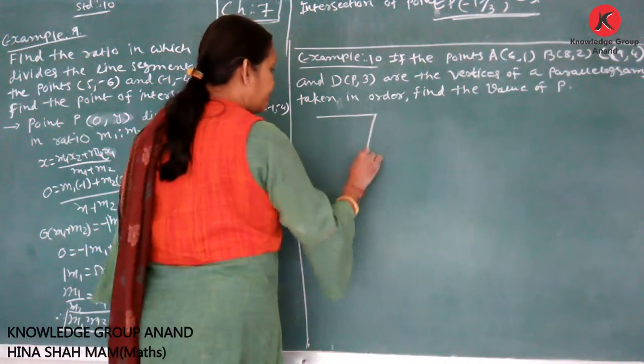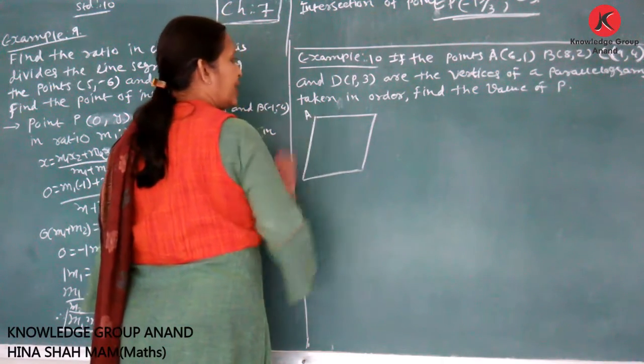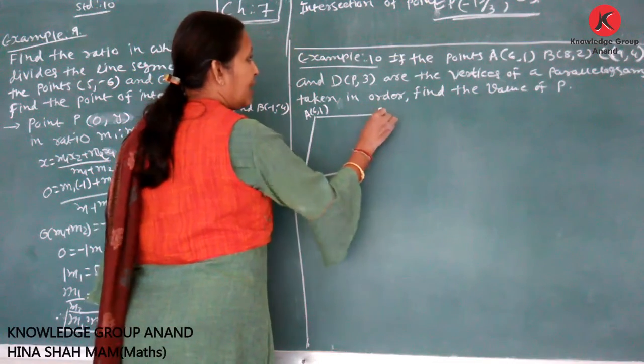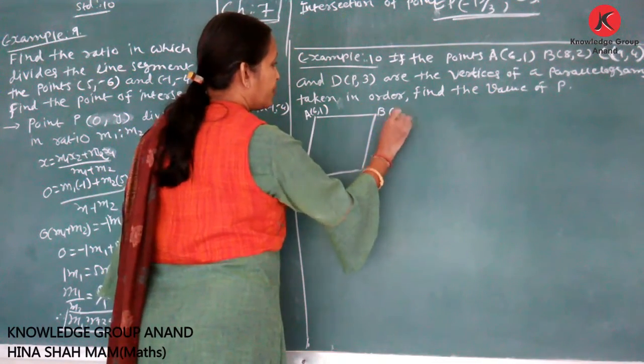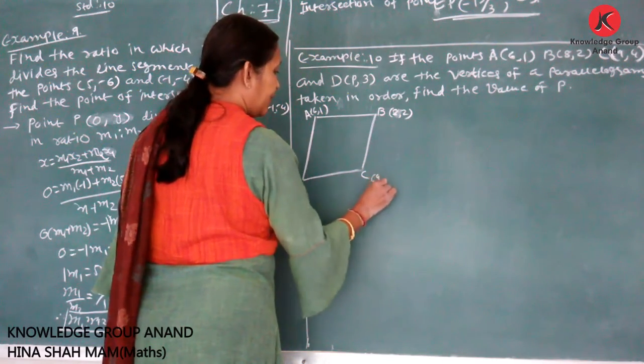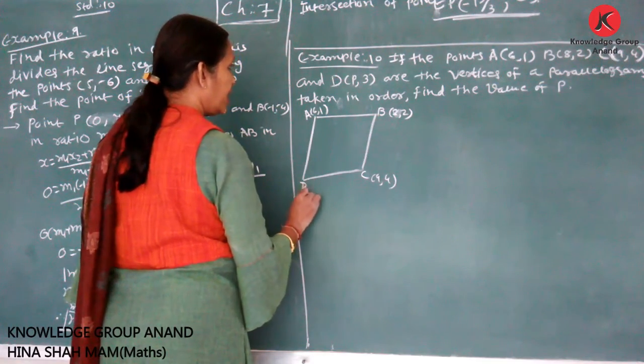Suppose it is a parallelogram. It is not necessary to draw a figure, but for our understanding, A is (6, 1), B (8, 2), C (9, 4), and D (p, 3).